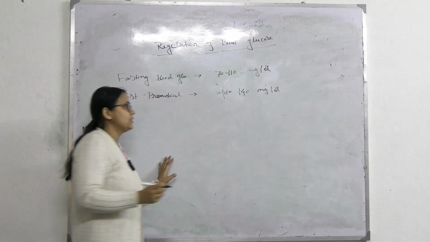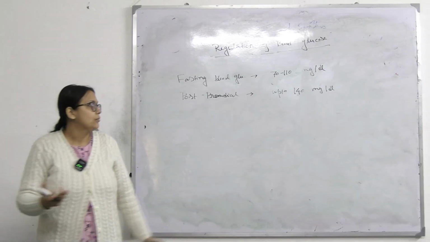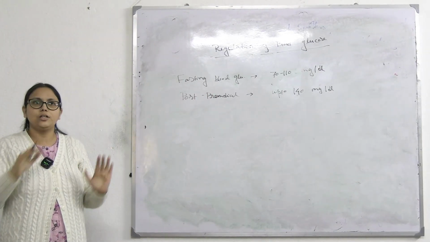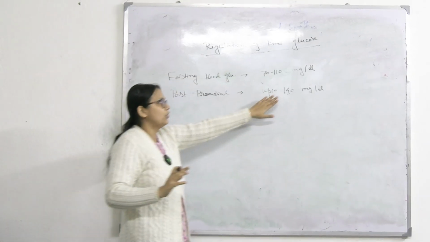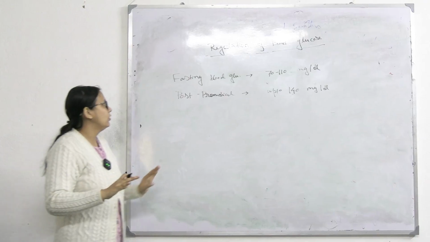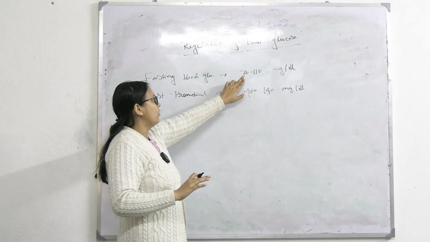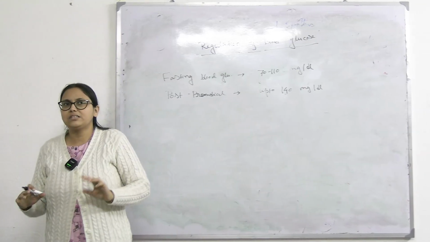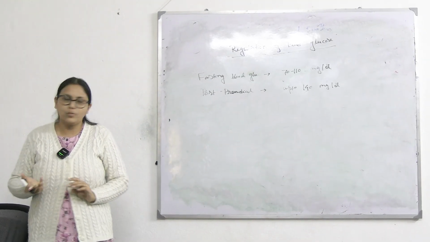Up to 140 means it may be 100, maybe 90, maybe 80, okay, but not more than 140. If it remains up to 140, then it is normal, and if it goes beyond 140, then it is abnormal. So when blood glucose level falls below this 70, that means 60, 50, then the condition is called hypoglycemia.